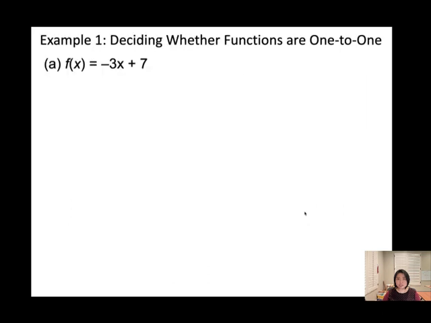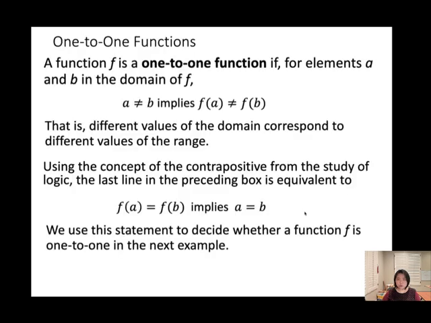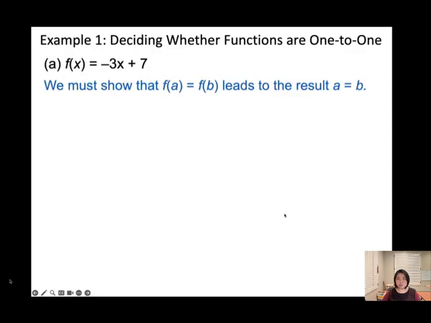So let's look at this example. Decide whether the functions are one-to-one. We have f of x equal to -3x plus 7. So we try to use this part: f of a equal to f of b implies that a equal to b.